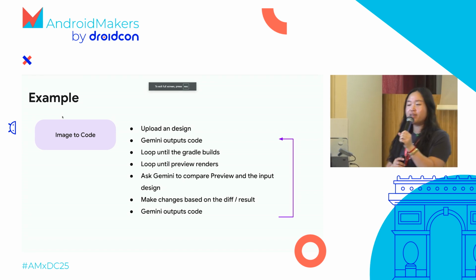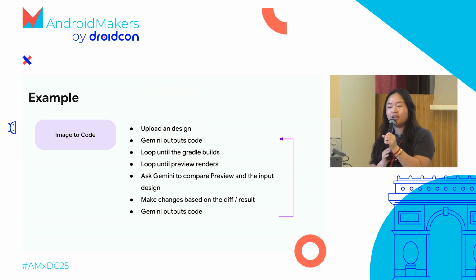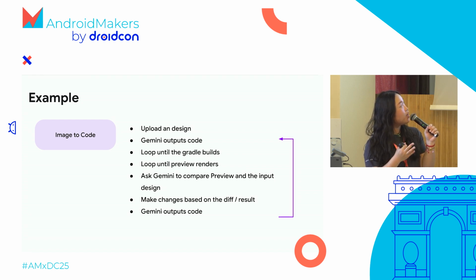To give you an example of the kind of agent or loop workflow we're looking at, for image to code, after you upload a design, you saw that it outputs some code. Potentially there are times when Gradle will fail, so if it does, we send it back and try again.